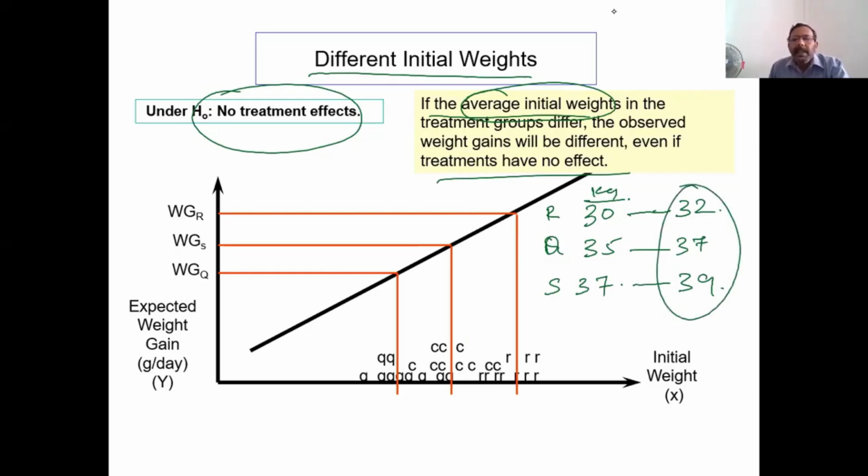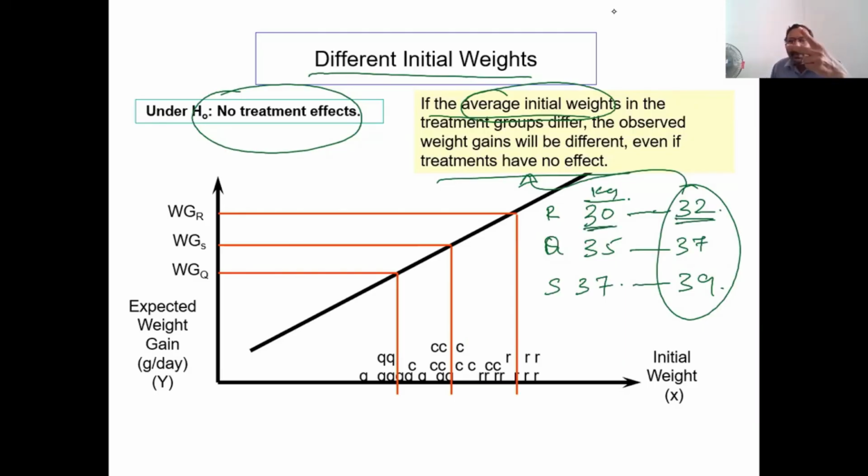So if the increase is like this, then this is called as no treatment effect, because everything is increased by 2 kilograms. Do you understand? So this is the scenario that I am explaining. So the 30 kilogram one increased to 32.